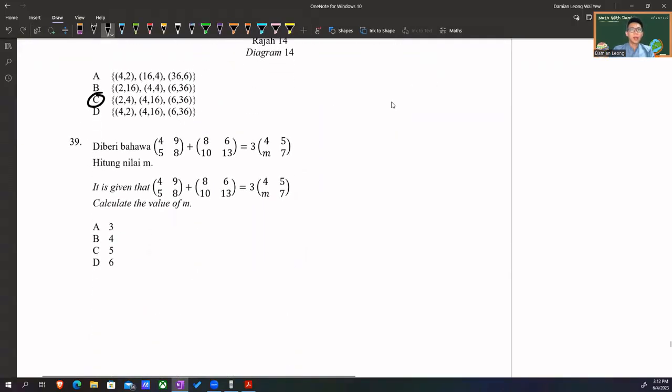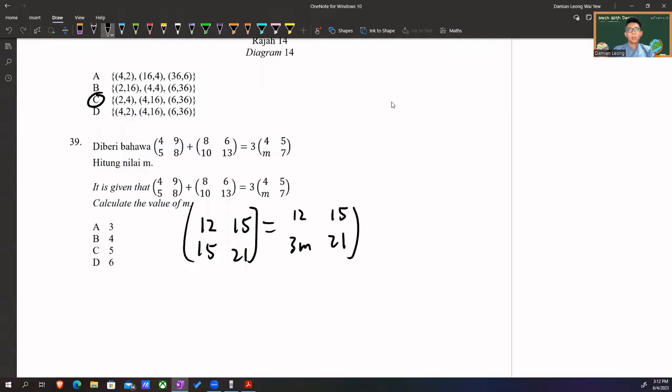Question 39, calculate M. So this one, just add this together. 12, 9 plus 16, 15. 5 plus 10, 15. 8 plus 13, 21. This one times the 3 in, 12, 15, 3M, 21. Comparing these two, all the elements in the same position should be equal. So 3M is 15 divided by 3, M is 5. Answer C.